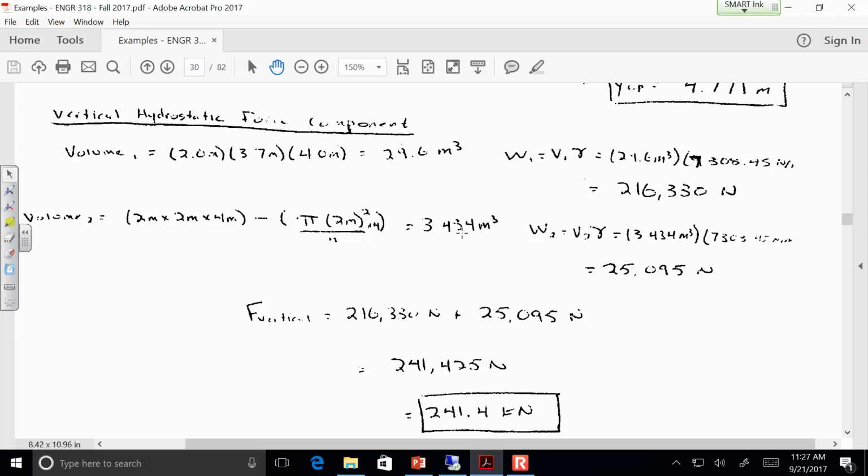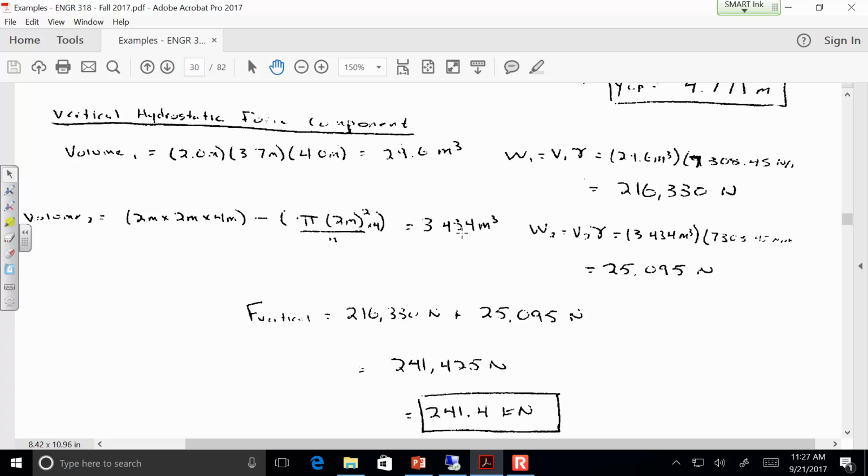Since the radius of curvature is 2 meters, it's 1 meter from the edge. So that force is 216.3 kilonewtons. And then this one was 25.1 kilonewtons.